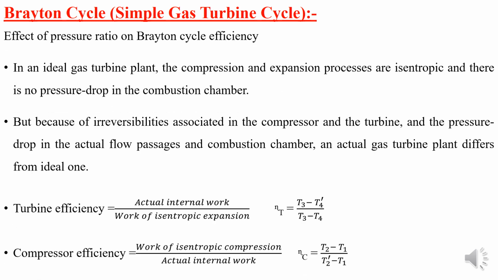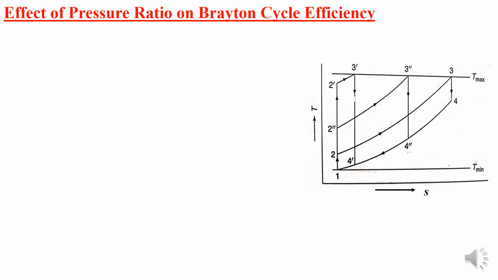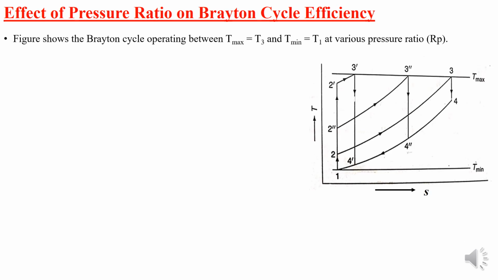Similarly, for compression, we have the isentropic compression work divided by the actual compression work. Next, we look at how to get the maximum pressure ratio, or the effect of pressure ratio on Brayton cycle efficiency.